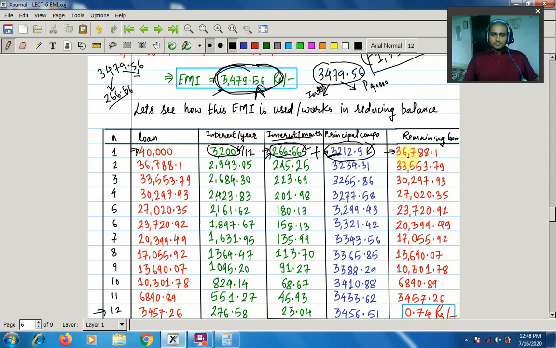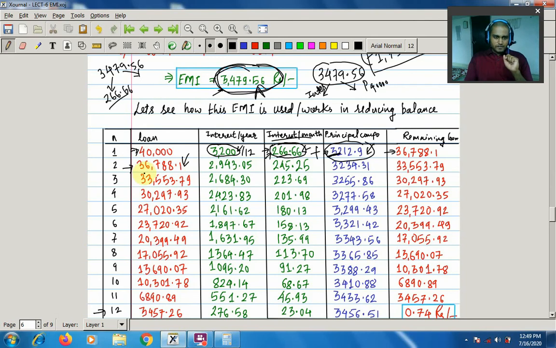Now this 36,788 will be carried forward here. Then I will calculate interest on this amount, because this much amount I have to pay now to the bank, and some interest also. How to find interest?